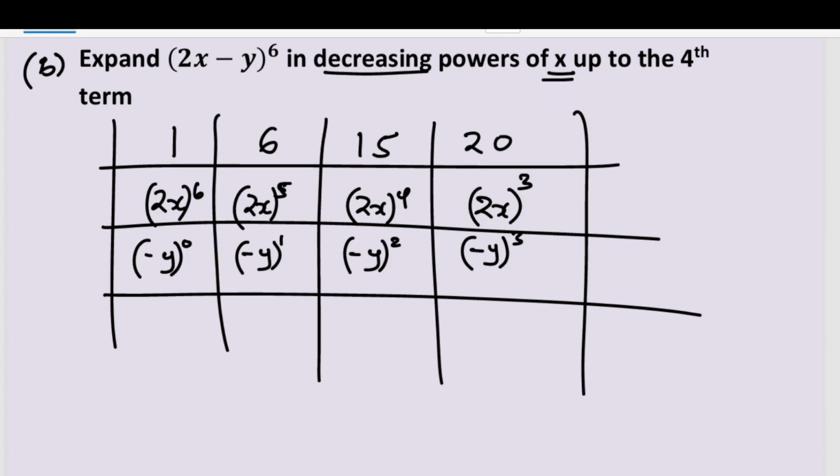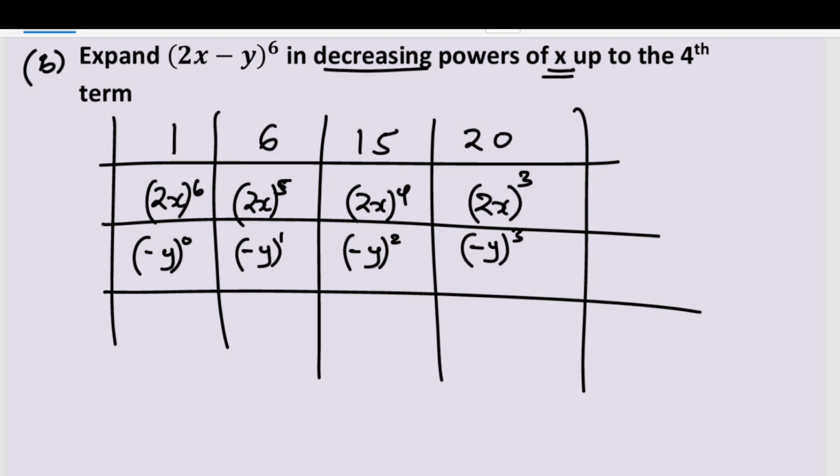If you multiply this, 2 raised to power 6 is 64 times 1 gives you 64x power 6. And then 2 raised to power 5 is 32. So we get 32 times 6, which gives us 192, times negative y is negative 192 x power 5 y. Then 2 raised to power 4 is 16. Then 16 by 15 gives us 240, so positive 240 x power 4 y squared.